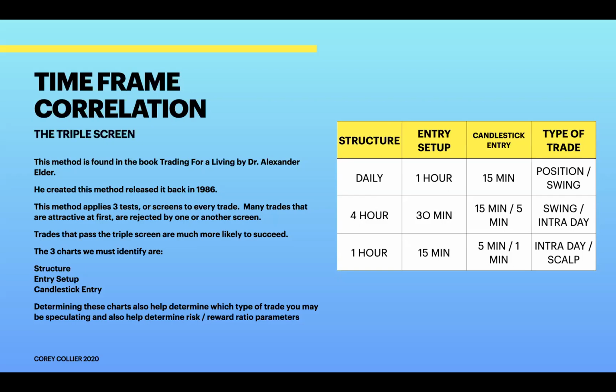So if you find your structure on the daily chart, your entry setup, where you look for an area to enter based off the previous structure, is the 1 hour chart. Your candlestick entry, once price reaches that entry area from the 1 hour, is on the 15-minute chart, okay?